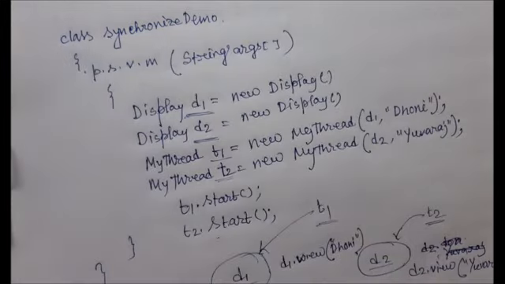So, from this example we can say that when we are using the same instance, only one object but two different threads, that is multi-threading, the synchronized keyword works perfectly. We are getting the regular output.